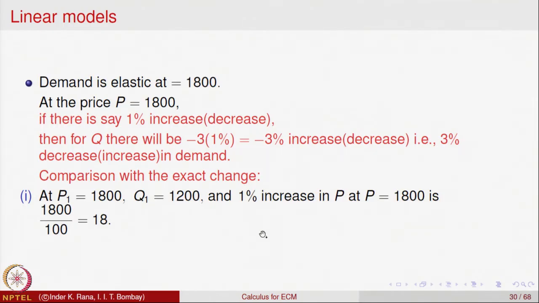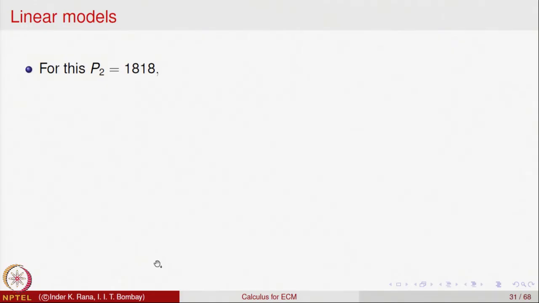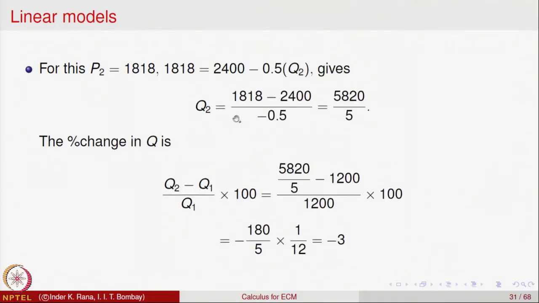So, the new price will be 1818. For this new price P2, we can compute the demand Q2 from that linear relation.